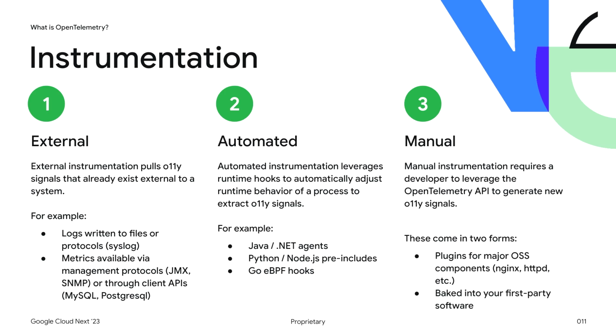For Python and JavaScript, we call them agents, but really what they are is, before we run your Python, we do an import where we inject a whole bunch of instrumentation. And same with Node.js, we'll inject a bunch of stuff and generate signals there. They support a whole bunch of common frameworks, Flask for Python, my bad, and Express.js for JavaScript, for example. Those are automatically supported. You'll get latency metrics, that sort of thing, out of the box. So that involves very little lift on your part.